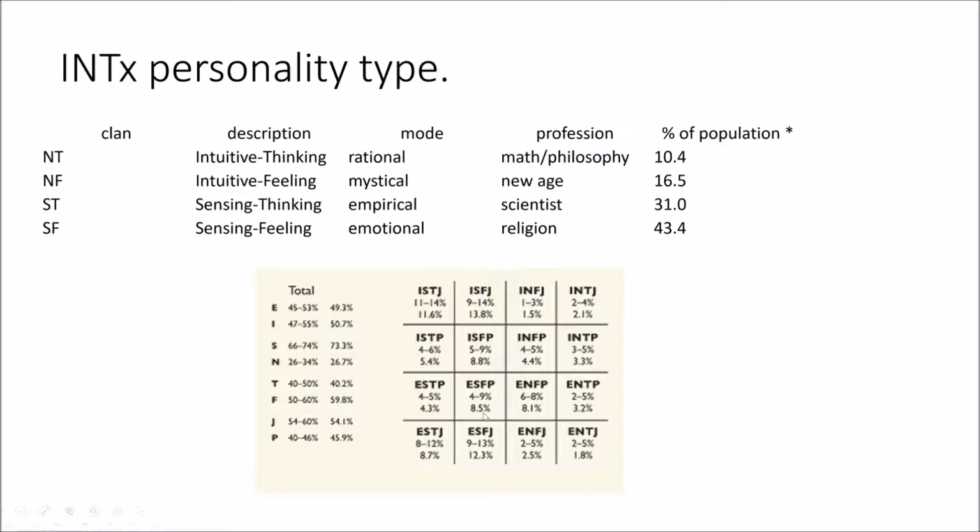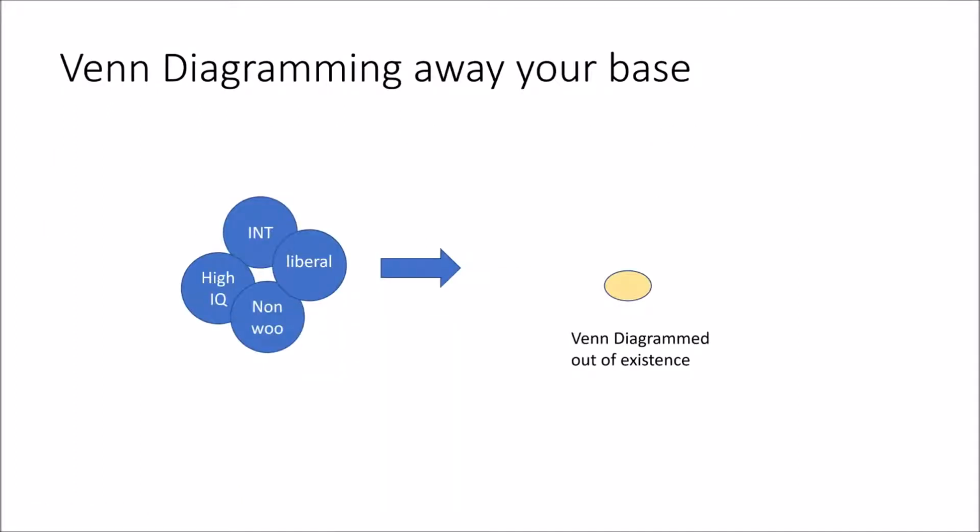So we're talking about already a small enough population, and this is supposed to be a Venn diagram. When you start with the INTs, the only people who are going to be attracted to this system are people with IQs at least above 100.